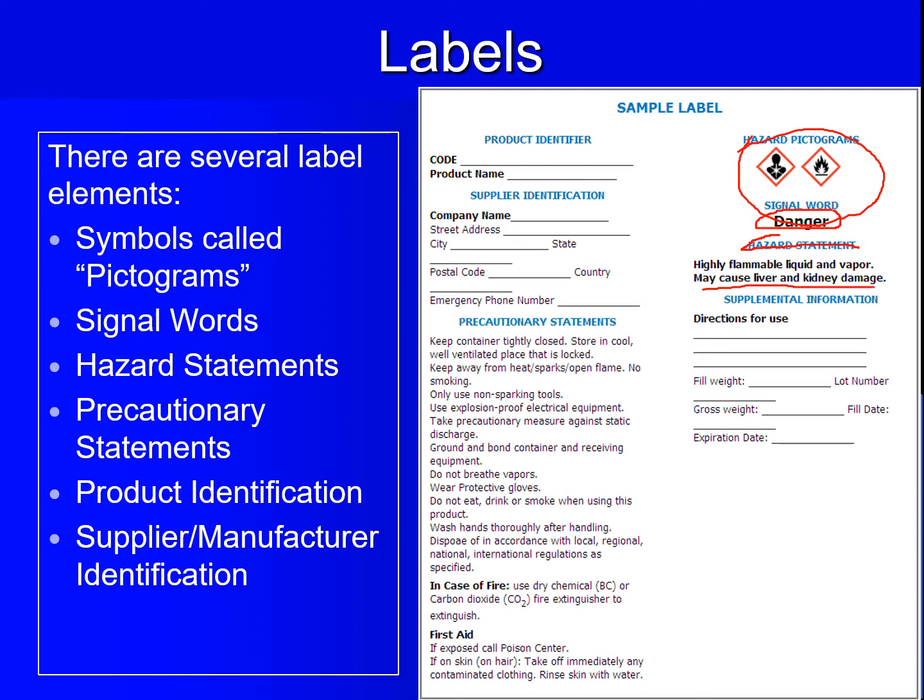Precautionary statement, which is all the information below here. Product identification, which would be up here. Supplier manufacturer identification, and that would be located, which is not on this, actually right here, all of this information.